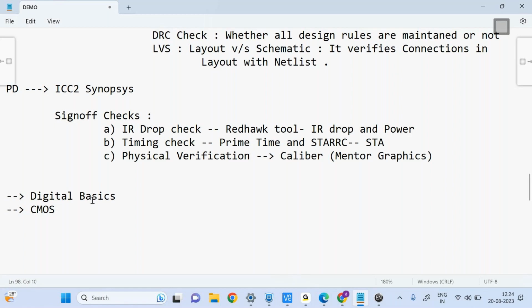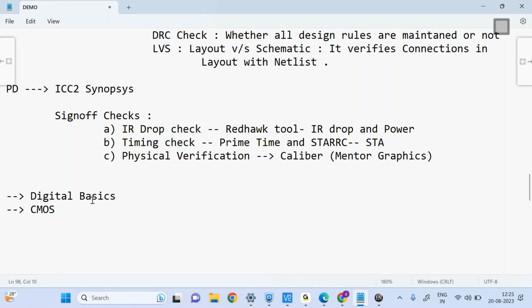How to implement different circuits by using CMOS, like inverter, AND gate, NOR gate, XOR gate. What is W by L ratio? How does this W by L ratio affect your design? Then what are the fabrication steps? And what do you mean by layout? How to draw the layout? And what are FinFETs?